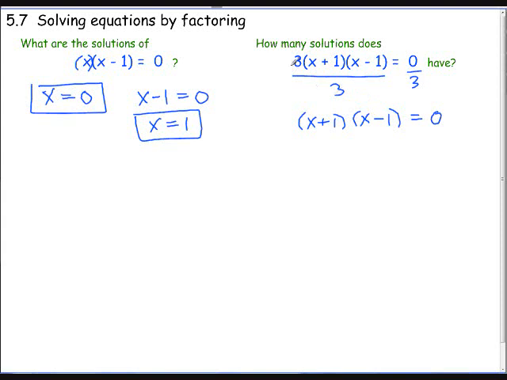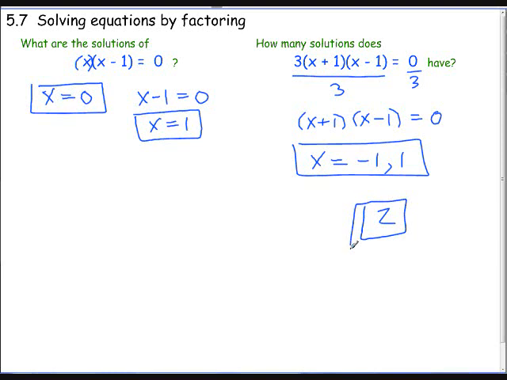But a constant, of course, we can divide that out. So this would have two solutions, and what are they? You can probably tell me without even having to set up those mini equations. A negative 1 from this factor, and a positive 1 from the other factor. Now, it didn't actually ask me what the solutions were, so I should be careful that I answer the question that was asked. How many solutions does this equation have? The answer is 2.